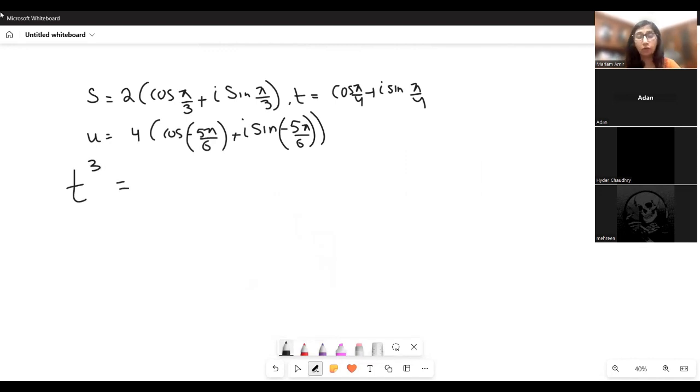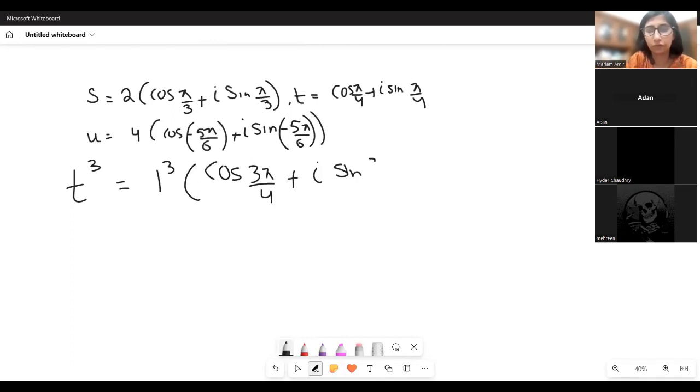If you're in polar format, you cube the R, and R here is 1, so 1 cube. And then you multiply this 3 with the angle. So we have cos 3 pi by 4 plus iota sine 3 pi by 4.